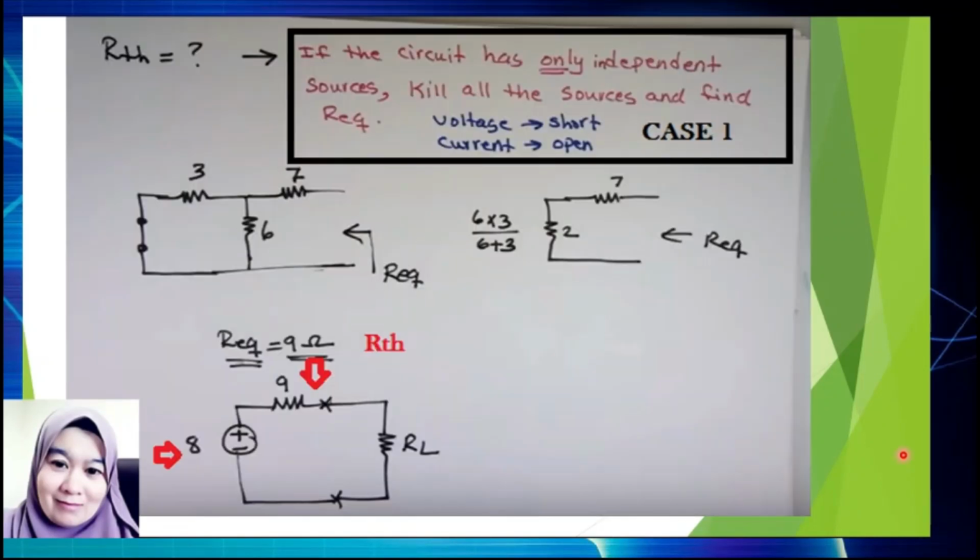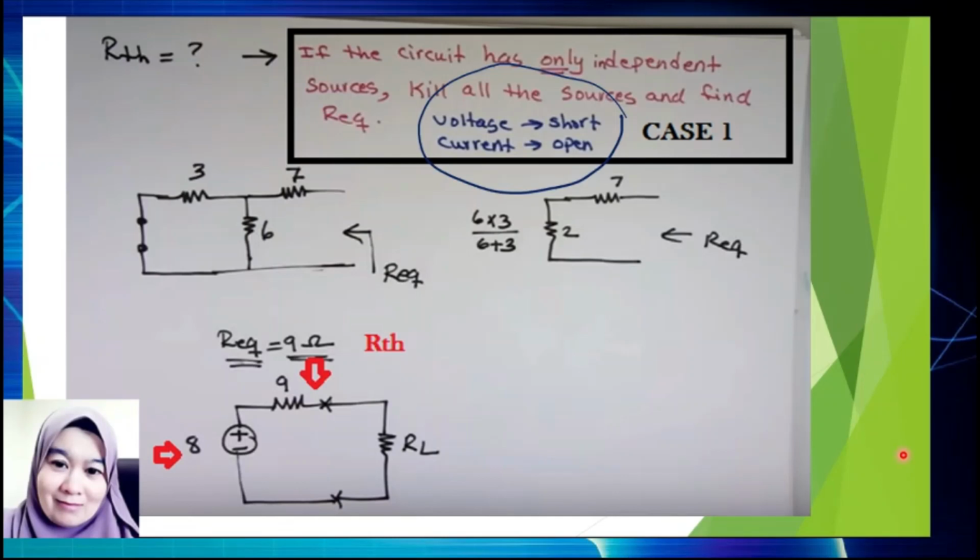Just now we calculated VTH, and now how to get RTH. Since the circuit has only independent sources, this is case 1. So we kill all the sources and find the equivalent resistance. For a voltage source, we need to short circuit it.